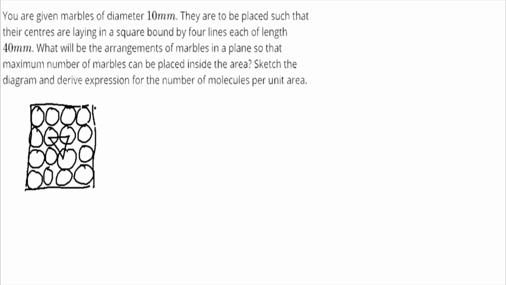So let me draw, and each length here is of how much? 40 millimeter, right? Each square length is 40 millimeter. Now you can see here that when I join these atoms or marble centers, I get a triangle. Now I'm going to expand this triangle here only, right?